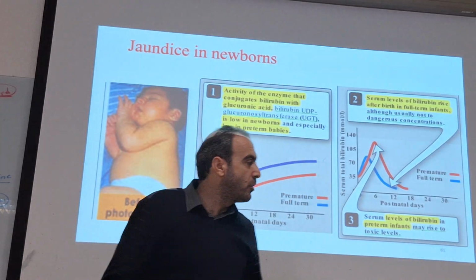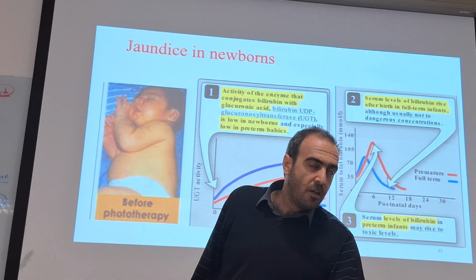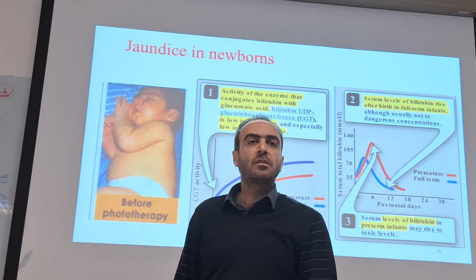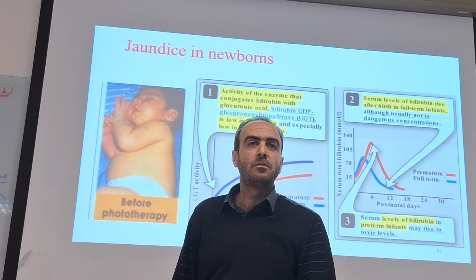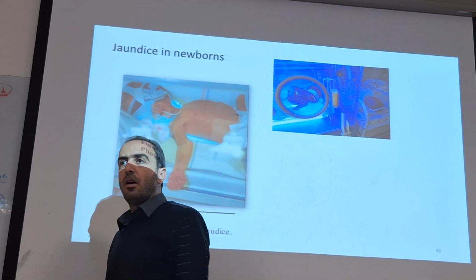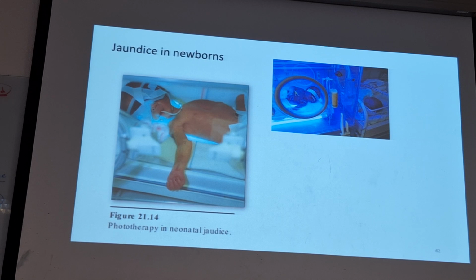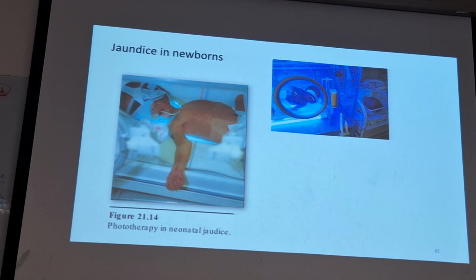So you can look at the baby with jaundice, and what are we going to do for this child? Phototherapy. There are machines which produce blue light. We call it blue light.